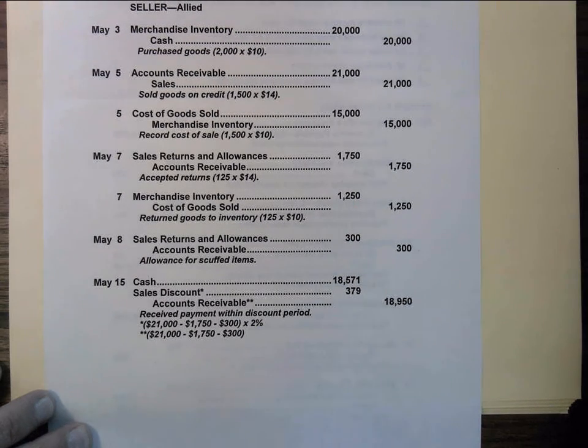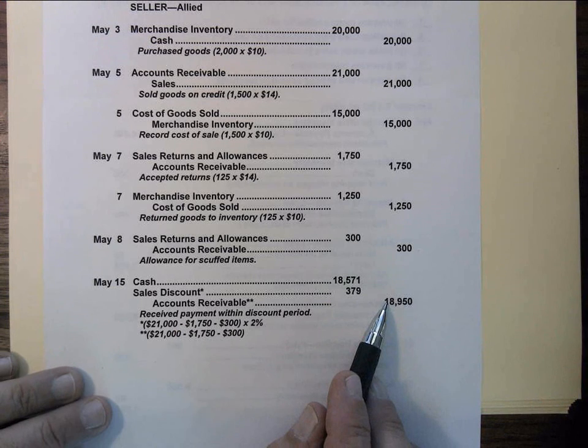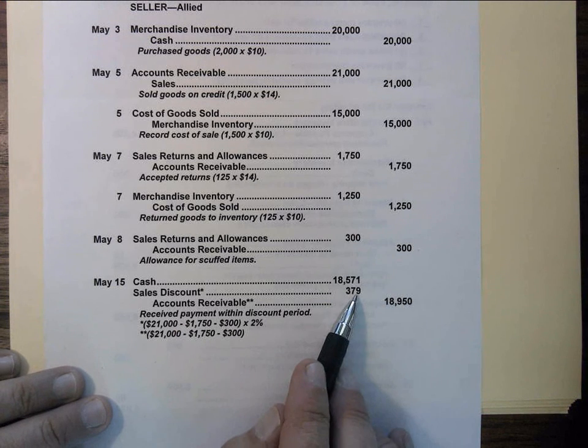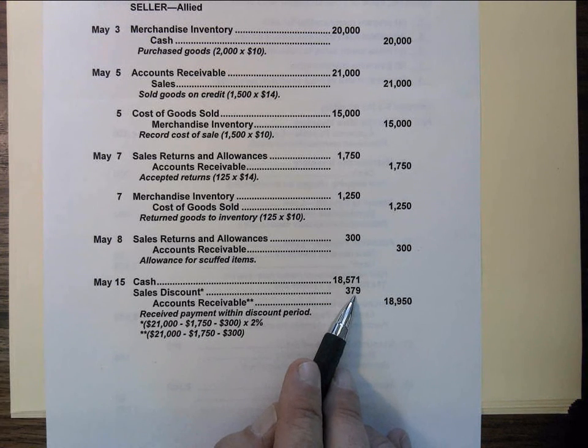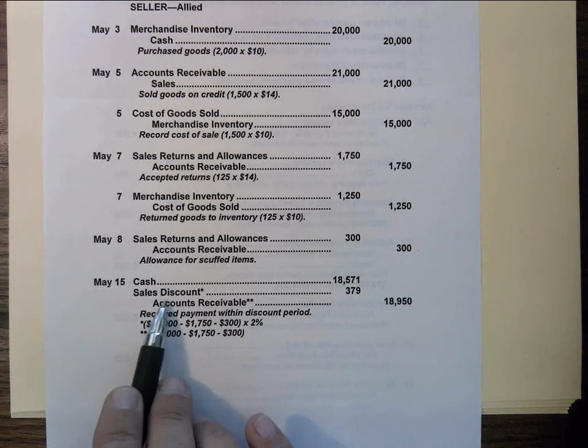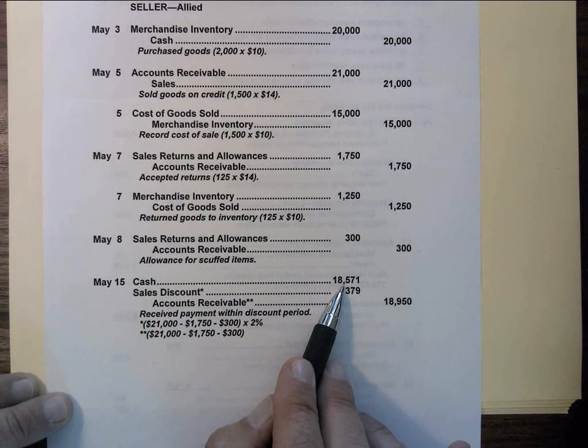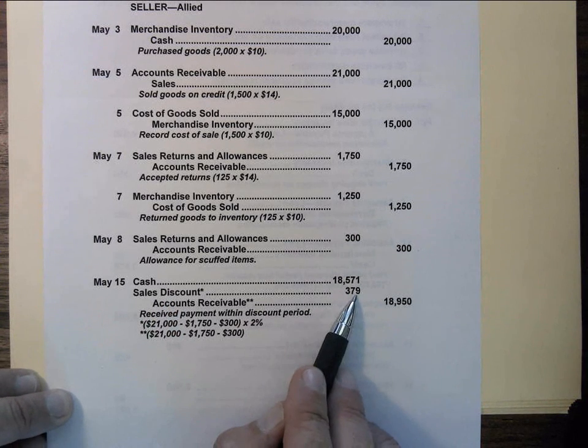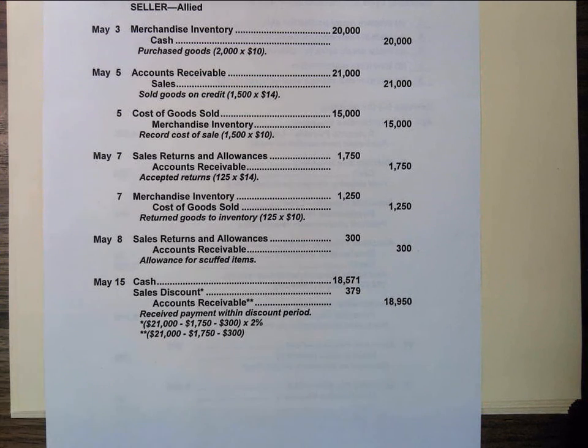So we take that $18,950 times 2%. That gives us $379. That's the discount, right? Now sales discounts is a contra revenue account, right? It reduces the amount of revenue, and cash is a plug, right? $18,950 minus $379 gives us the amount of cash that's paid.